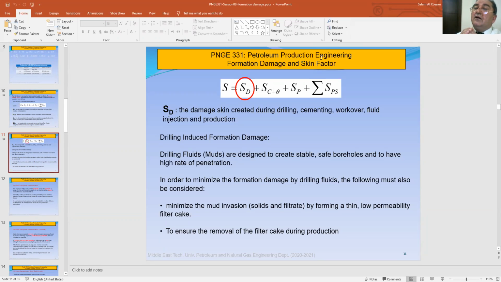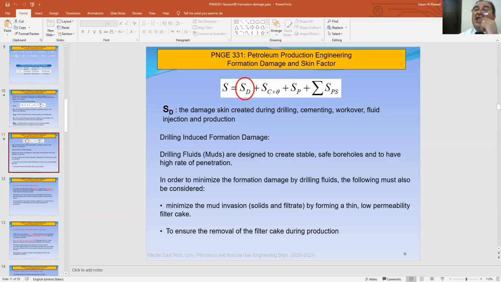Okay. Of course, why very thin? Because if we have a thick mud cake layer, then we have some sort of formation damage. See? So we are looking for a very thin mud cake layer, so no more filtrate, no more solid invasion could move inside the porous medium.